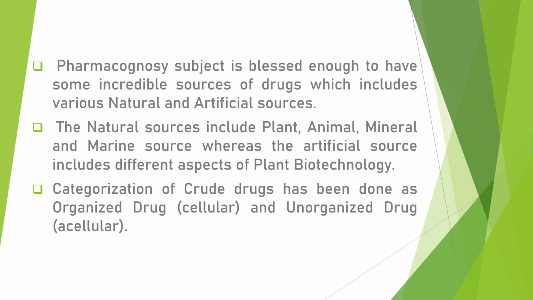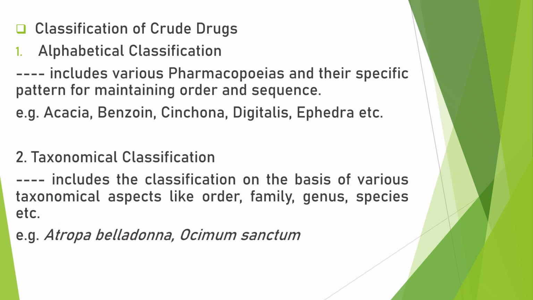In pharmacognosy, the crude drugs may be classified according to their different status or orders: on the basis of their alphabetical status, taxonomical status, morphological status, chemotaxonomical status, pharmacological status, etc. So here we first discuss alphabetical classification, which normally includes various pharmacopoeias and their specific pattern for maintaining order and sequence.